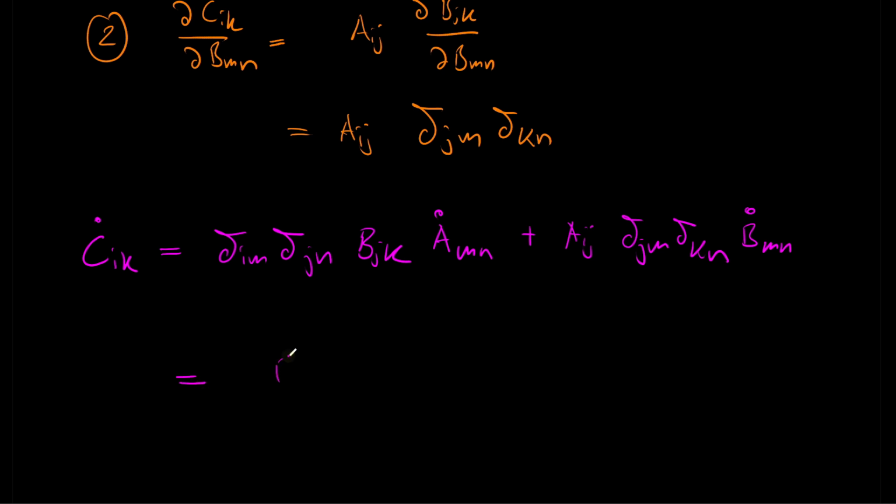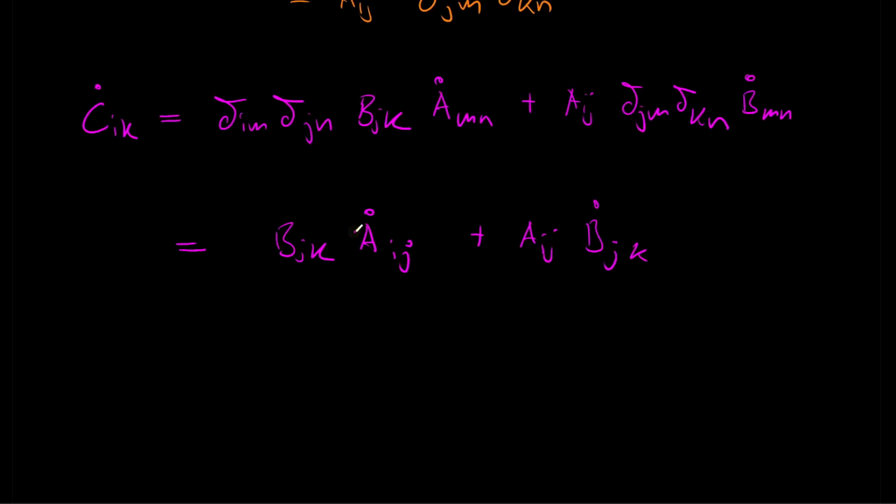So we will get B_jk, tangent A, and then index ij, plus, and here we will make a similar change on the tangent on B. So we have A_ij and then change m to j, so B dot j, and then change n to k, so k here.